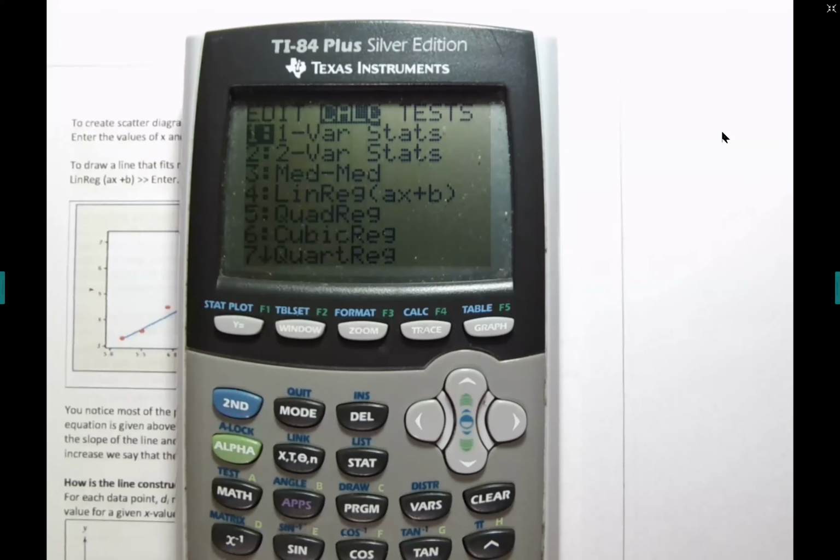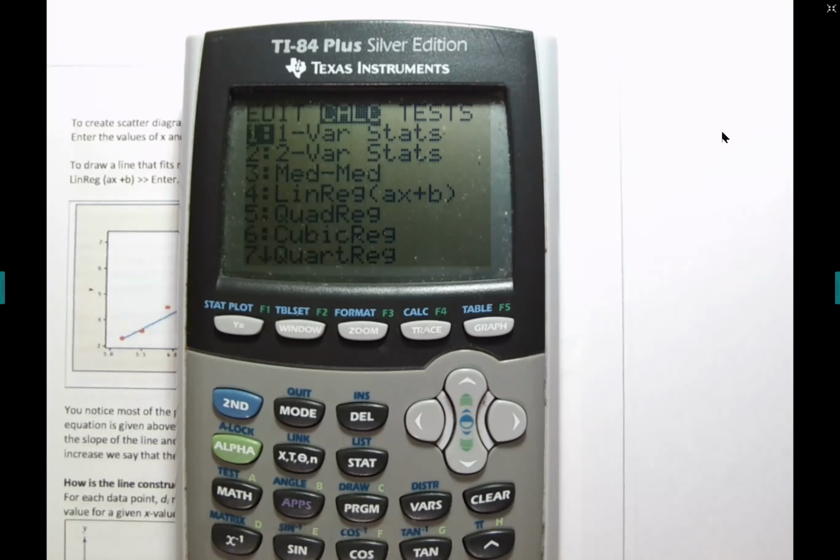You used number 1 in chapter 2 when we did the mean and the standard deviation. We never use number 2. So what do you think we're going to go to now? Which number? 4. Number 4, yes, linear regression. You can see the ax plus b.